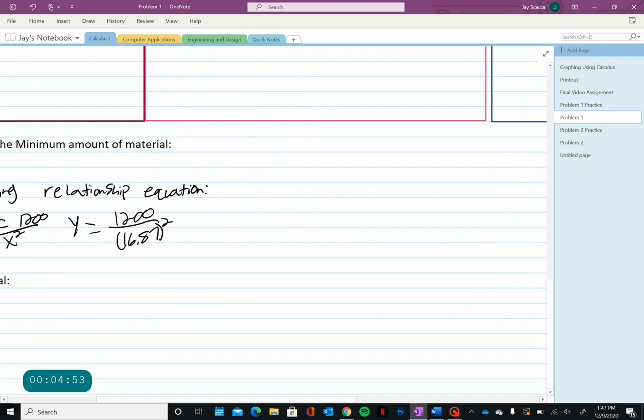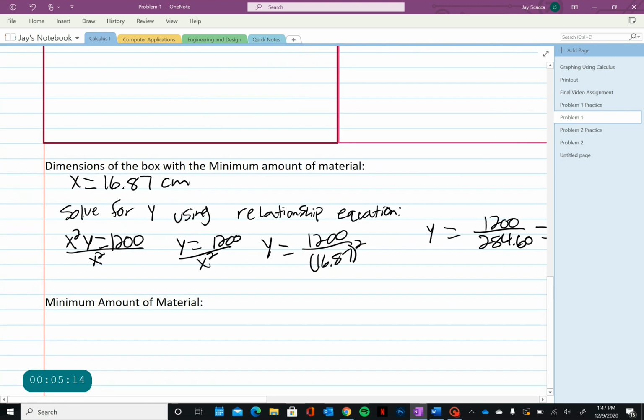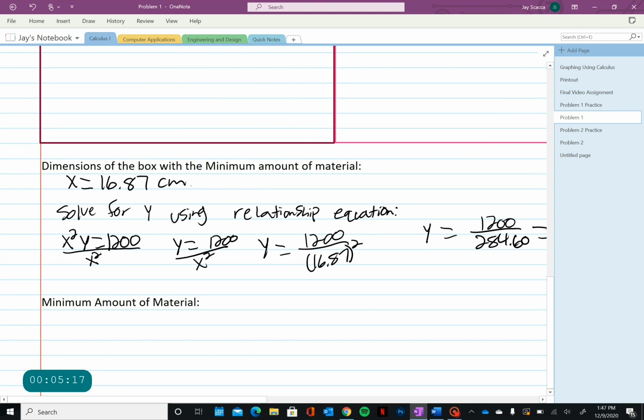Then we get y equals 1200 over 284.60, which is equal to 4.22 centimeters. So now we have x is 16.87 centimeters and y is 4.22 centimeters.